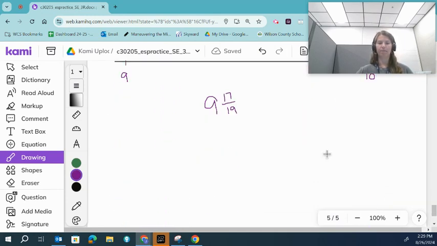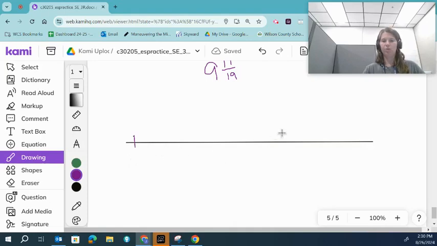So I'm going to come down. The square root of 27 is going to fall between -5 and -6, because -5 is going to be the negative square root of 25, and -6 is going to be the negative square root of 36.